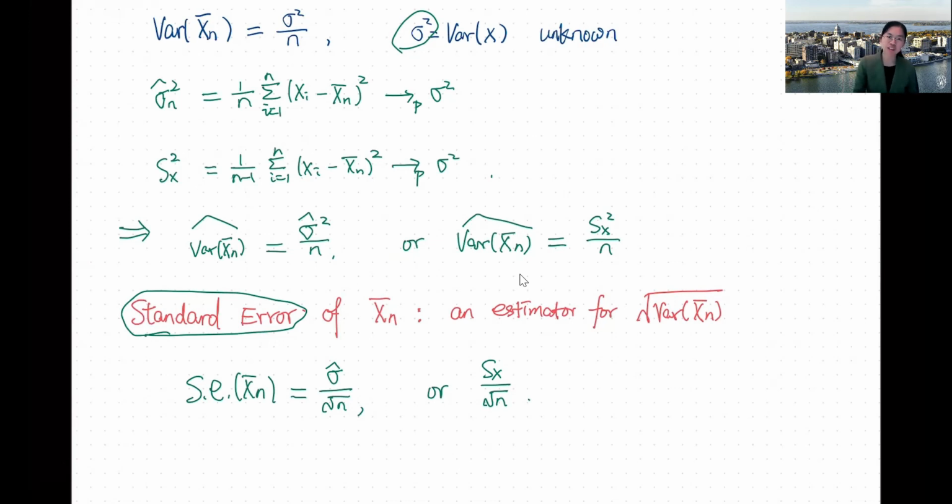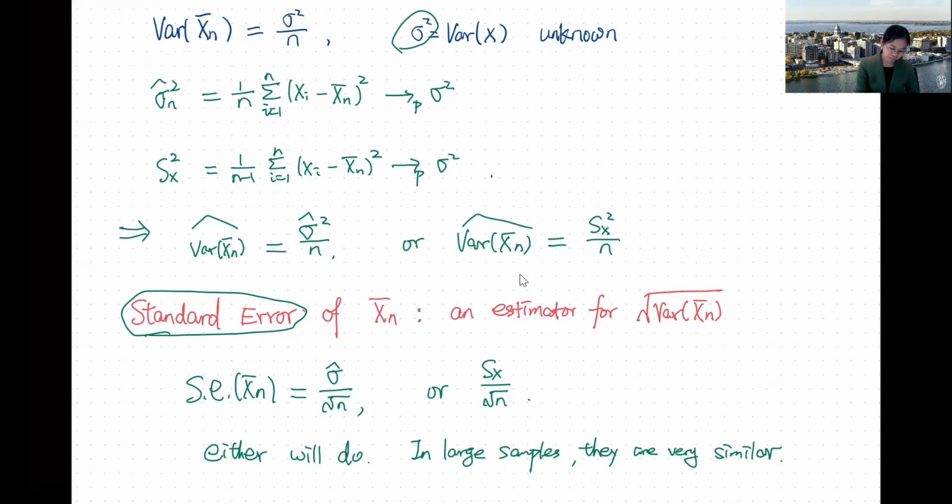Of course, they don't give you the same answer, but in large samples, when n is large, they are not very different. So the story is that either will do. In large samples, they are in general very similar.